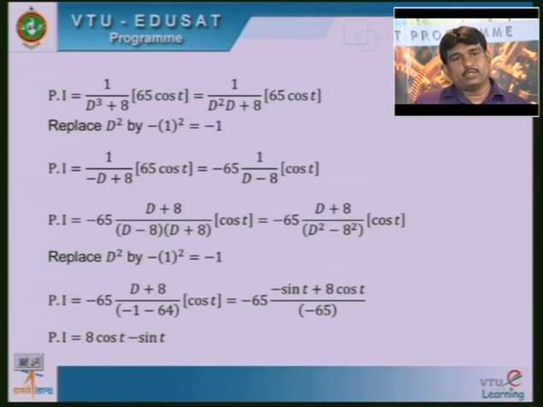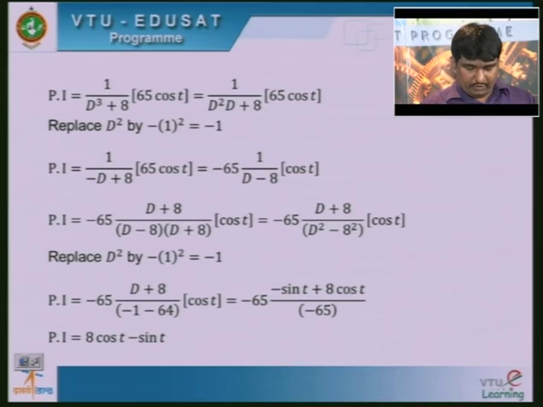Now pi, 1 by D cube plus 8 operated on 65 cos t. Now we have a cos term, and as you know, if phi of t is cos of at plus b or sine of at plus b, we have to replace D square by minus a square.